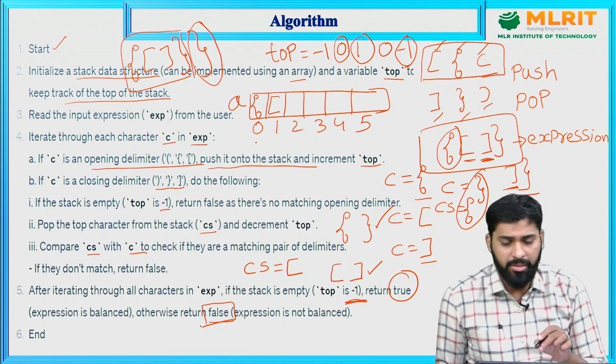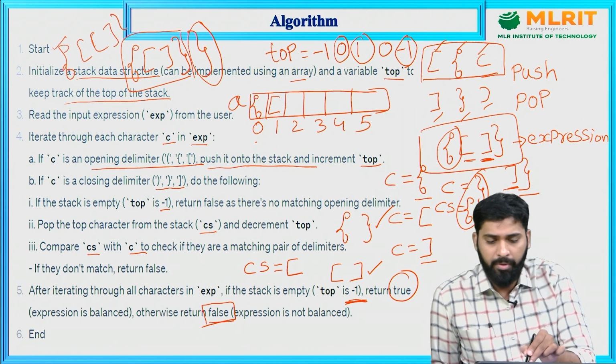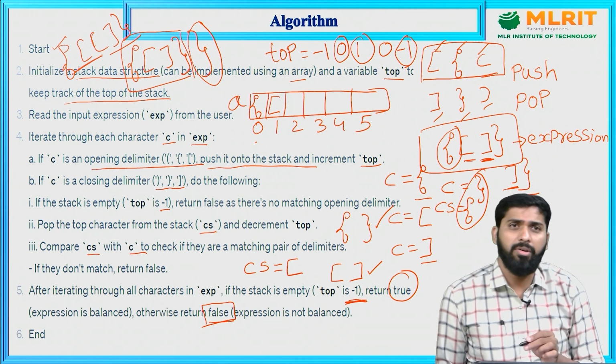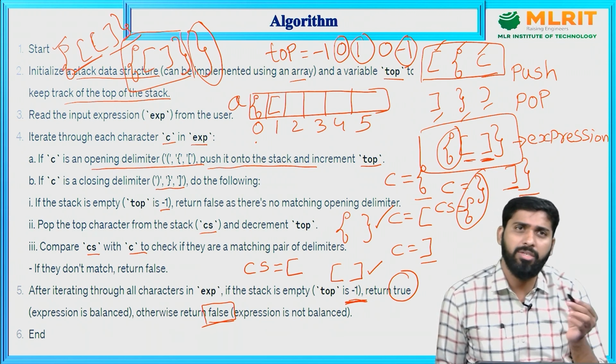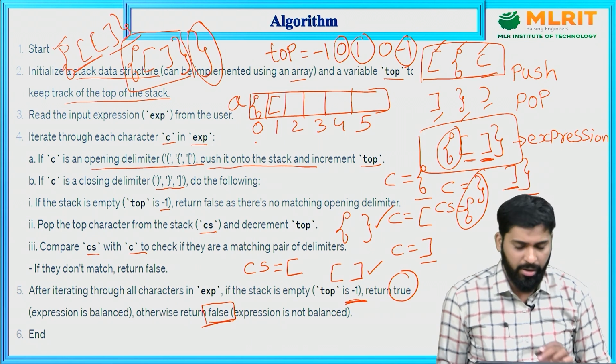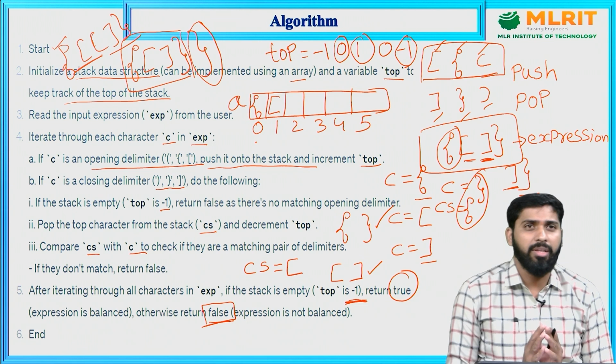Another case is if the opening brackets are like this: two closing brackets, three opening brackets. Now the top value equals maybe 0. In this case, top should equal -1 for a balanced delimiter, so in this case it also returns false. So this is the algorithm. A simple algorithm.